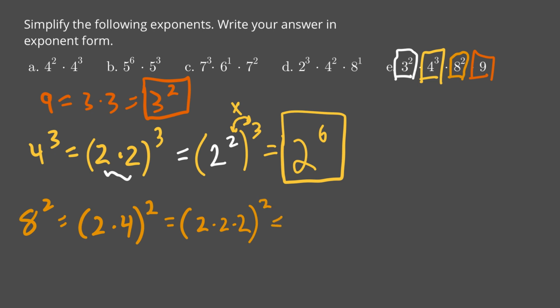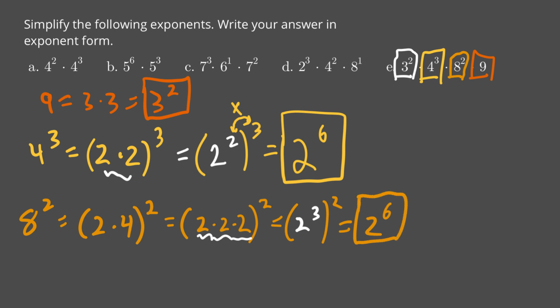We can rewrite the middle piece of 2, 2, 2 as 2 to the power of 3. And now we have to write in the parentheses with the exponent of 2 on the outside. And just like the previous part, we can multiply the exponents together, giving us 2 to the power of 6 for the orange section.